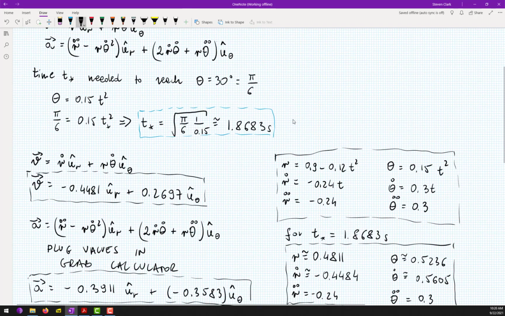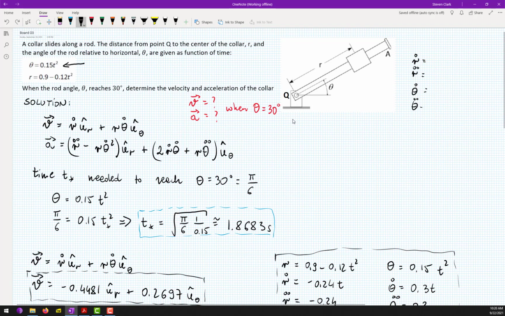Maybe something I forgot to do at the very beginning. This is our equation of motion, because in this course we would like to describe the motion. So can you tell me how the motion of that collar would look? First of all, theta goes this way or this way based on this.